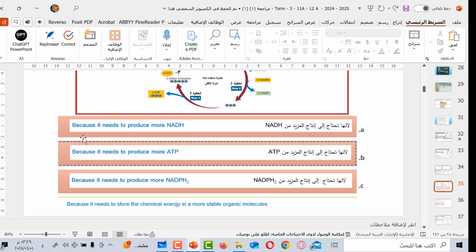Because it needs to produce more NADH, because it needs to produce more ATP, because it needs to produce more NADPH, because it needs to store the chemical energy in more stable organic molecules.